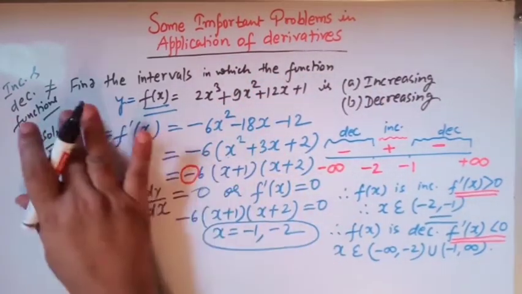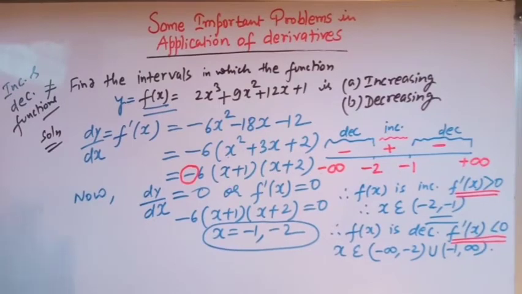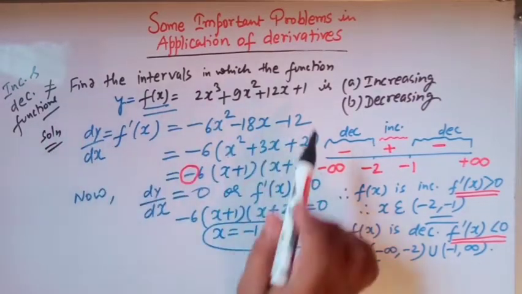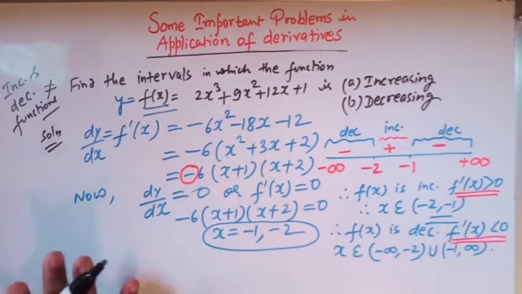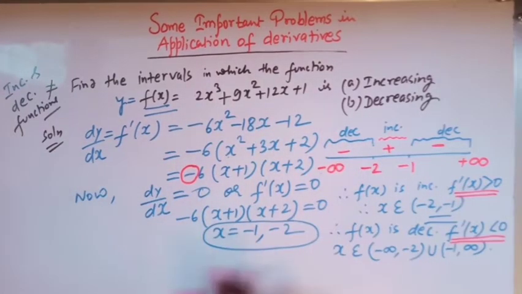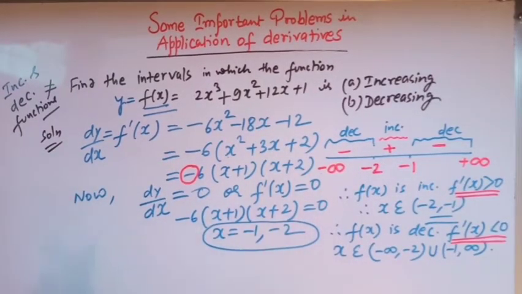And now this question has become a new question, and we have to find the intervals in which this function is increasing and decreasing. Now let us see what are the changes we can make in this solution, right? So this may be a very useful question for you.